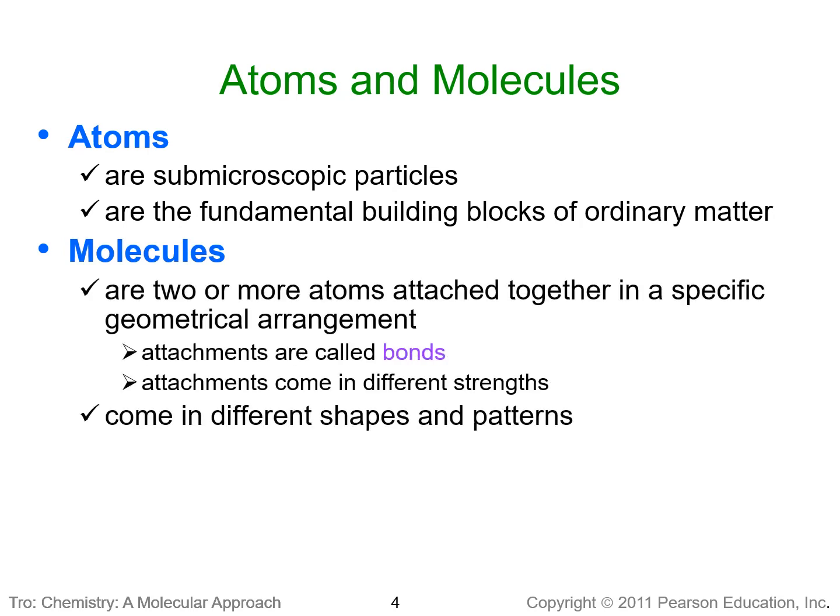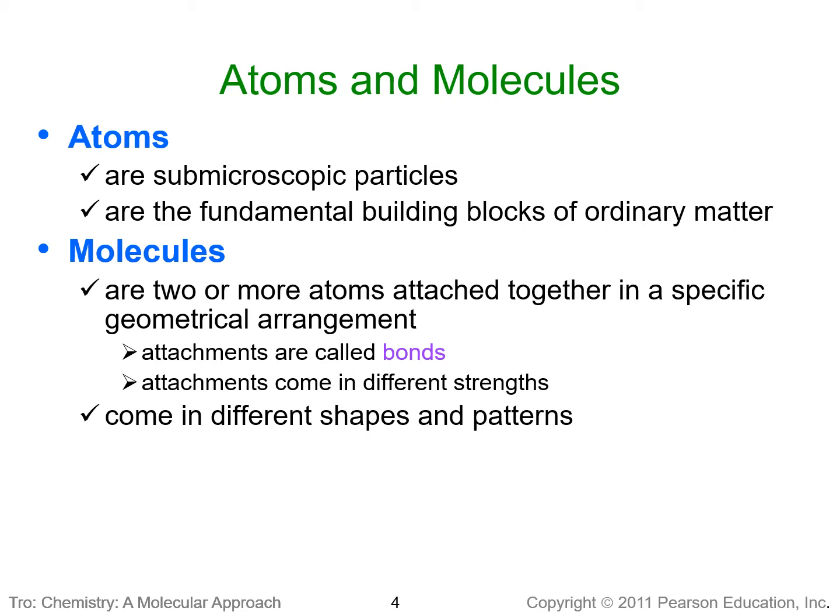Molecules, on the other hand, are when we take two or more atoms, and some molecules are very, very large, like the proteins in your bodies. We have thousands of atoms attached to each other. We have two or more atoms attached together, and they make a very specific arrangement.